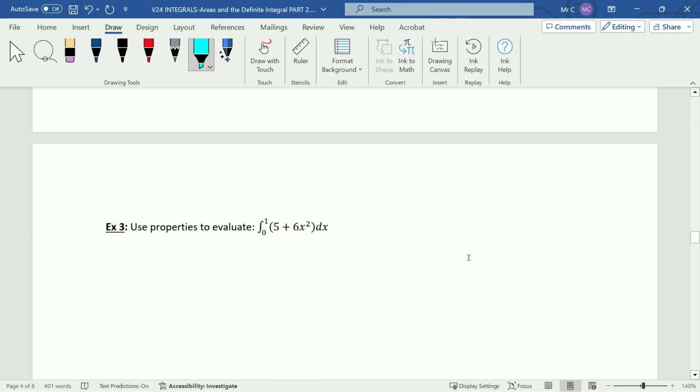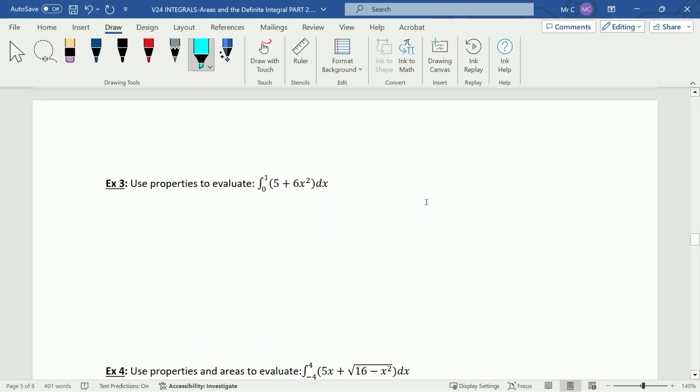Okay, so let's use some of those properties. Here we've got a sum between my two terms, and so the first thing I'm going to do is split up this sum. I get the integral from 0 to 1 of 5 dx plus the integral from 0 to 1 of 6x squared dx.